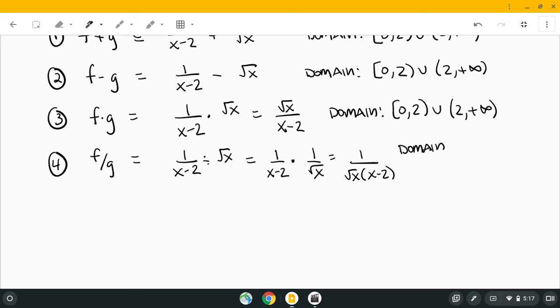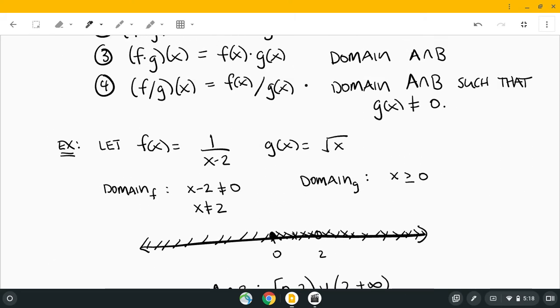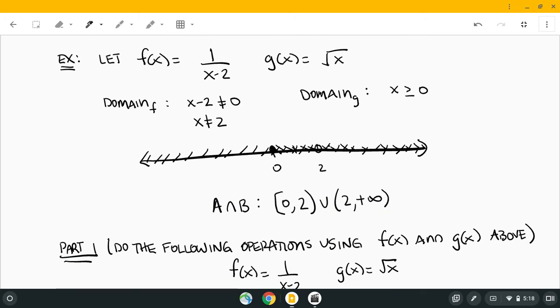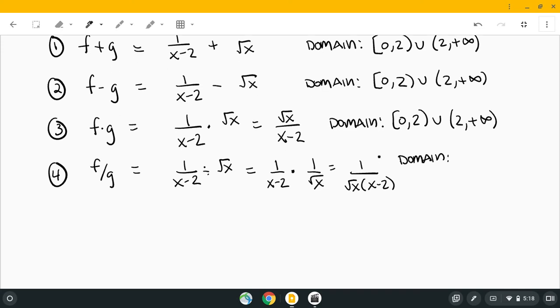Okay, so I have this, and the domain here will be, now in this case, when you do the division, the domain is the intersection such that g of x is not 0. So we don't want 0 in the denominator. So let's see what other values we need to exclude. Over here, we have to exclude 2, and that's why we have it written like this. All real numbers except for 2.